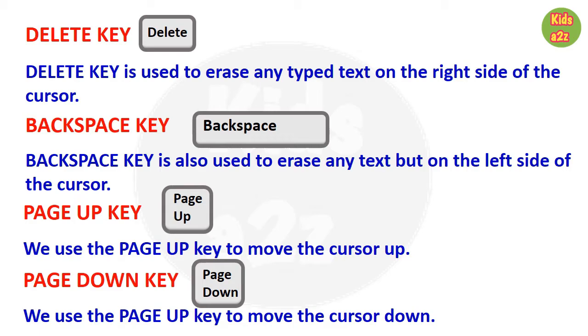Next is backspace key. Backspace key is also used to erase any text but on the left side of the cursor. Page up key. We use the page up key to move the cursor up and we use page down key to move the cursor down.